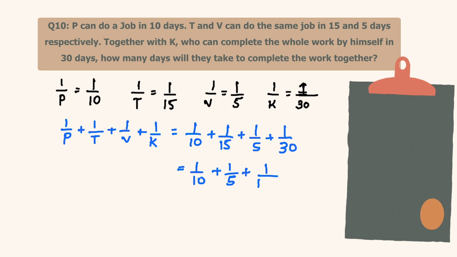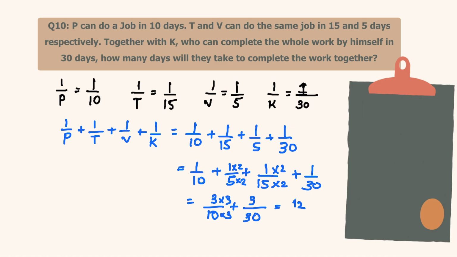Again, you can solve it in your own way. Don't mind how I am solving. Here also you can multiply 2 into 2. So 2 plus 1, 3 by 10 plus 3 by 30, right? Which means here also into 3 into 3, 12 by 30, right?